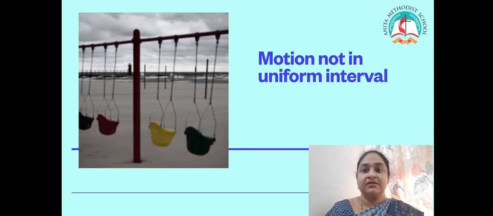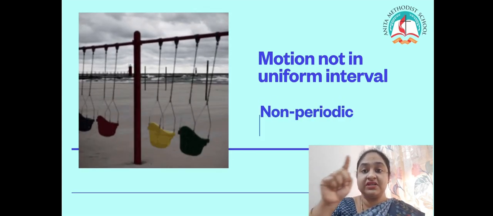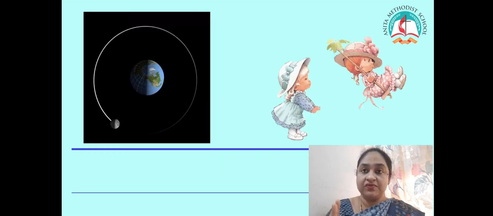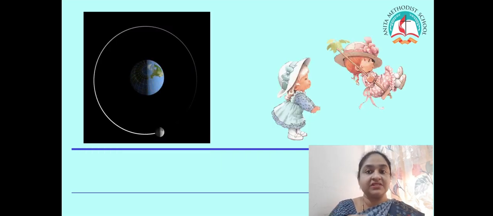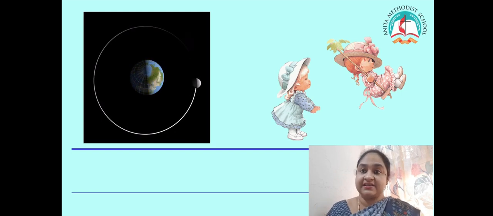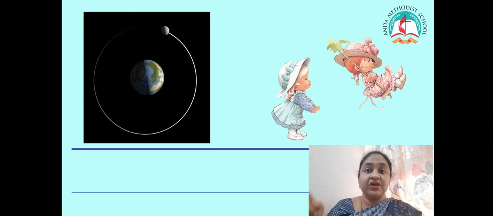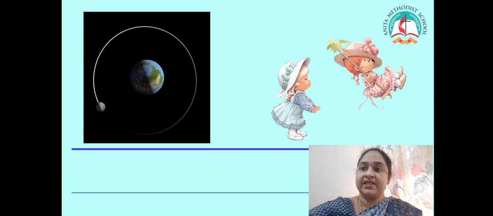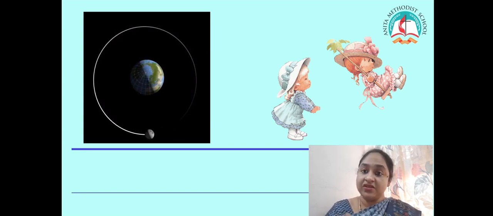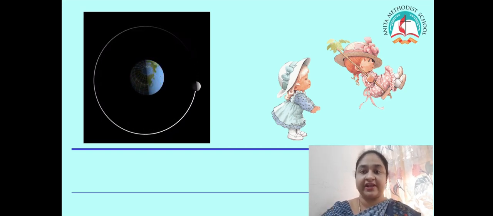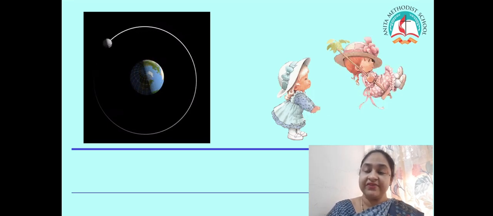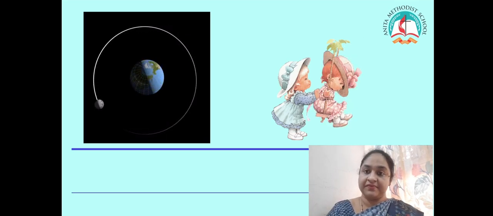But think of the moon which is revolving around the earth. This is important for us to have the calendar. Yes? So we call this periodic. Then, when you have your friend sit on the swing and you push your friend, the swing moves in fixed intervals of time.